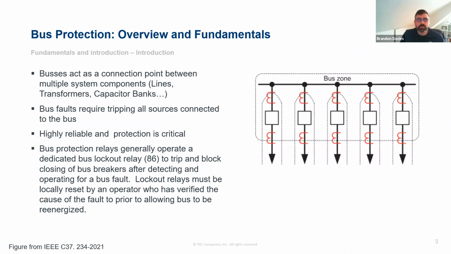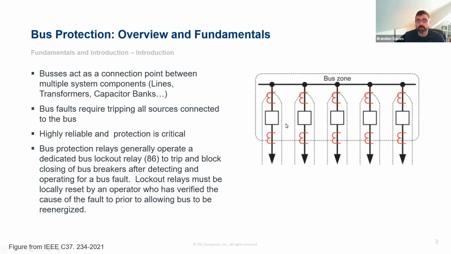Buses act as a connection point between all the other power system equipment. Typically your bus might have a variety of lines, transformers, capacitor banks, reactor banks, and other specialized equipment connecting to it through breakers. There are a lot of different bus arrangements and station configurations that use buses in different ways for different purposes, but in general, everything's there to connect the different parts of the power system at the substation or switching station.